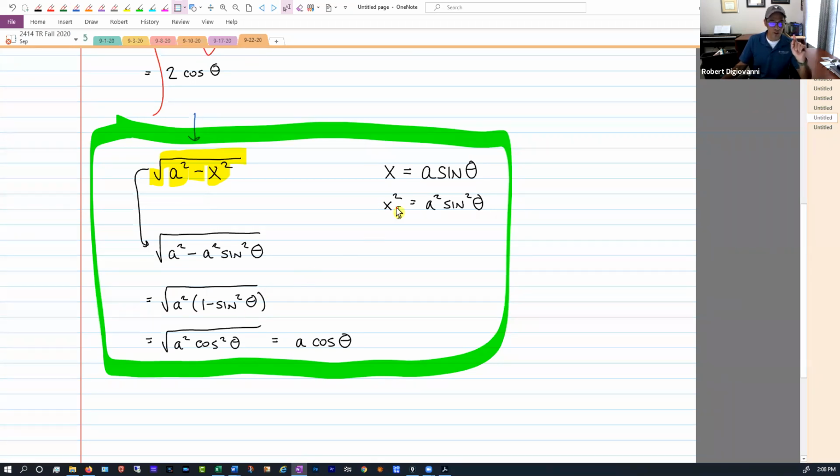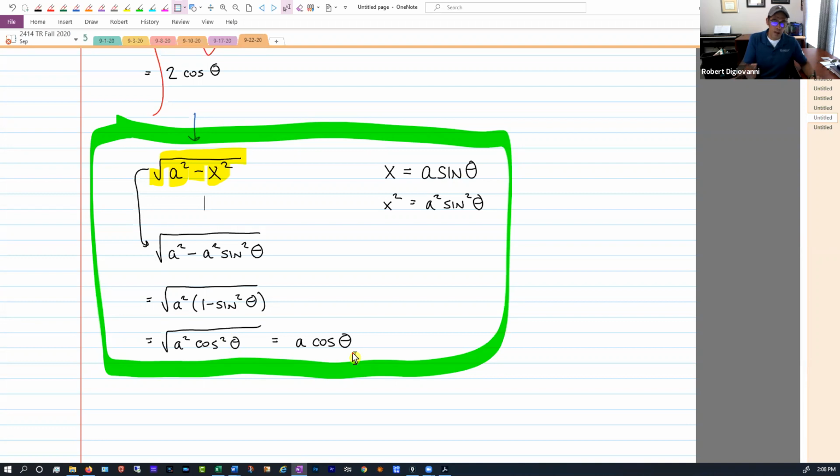You could actually do it the other way around, do A cosine theta, and then this would switch into A 1 minus cosine squared, and that would switch to A sine. With this particular format, we could do it either way. We could have done A sine theta or A cosine. Most textbooks do A sine theta.